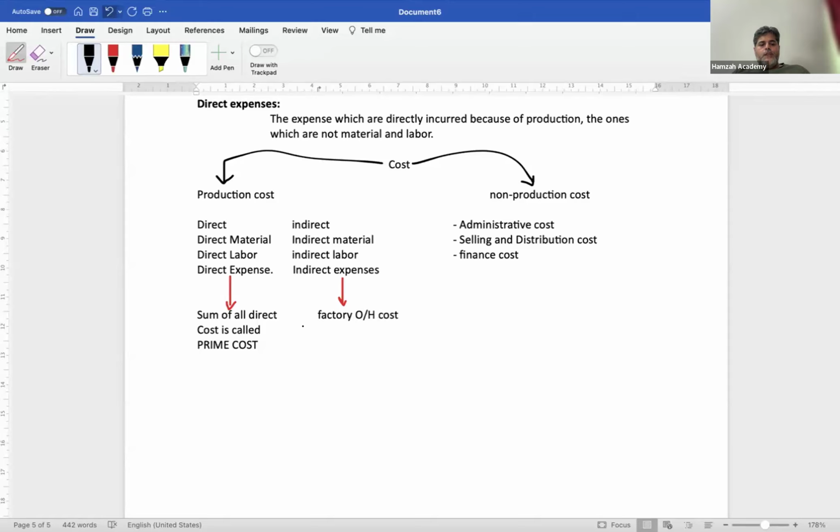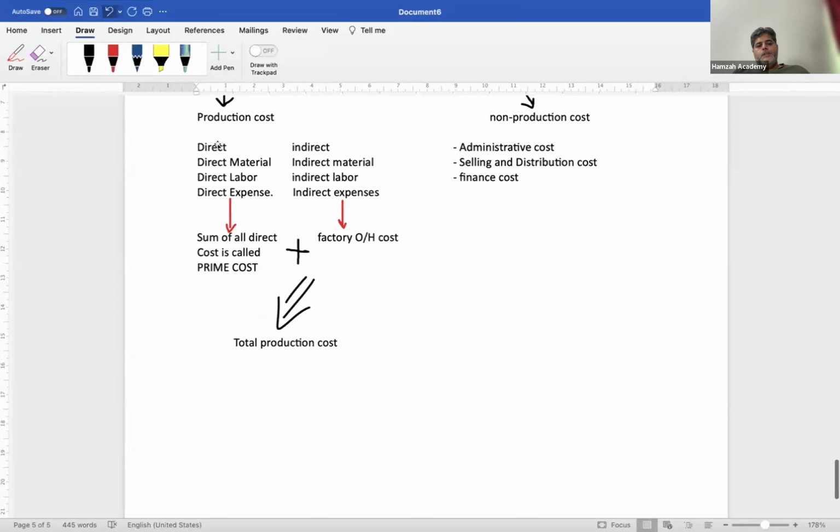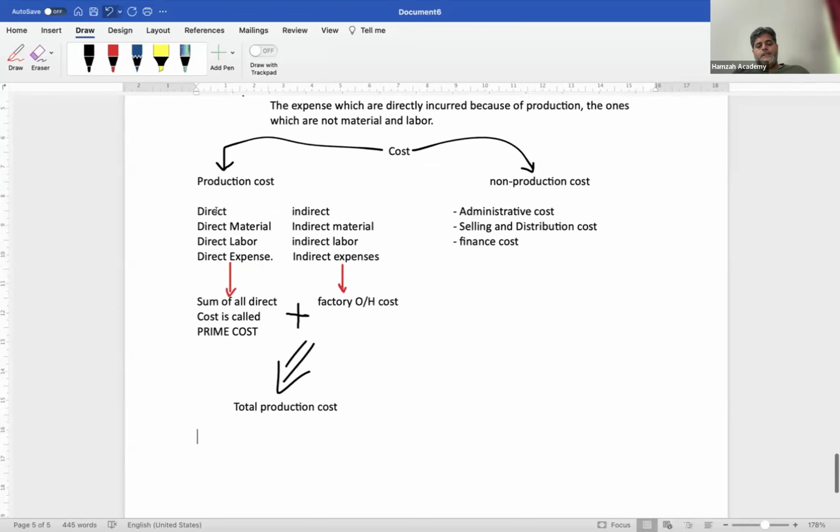And when we add the sum of all direct costs and the factory overheads, we get the total production cost, right? Okay.